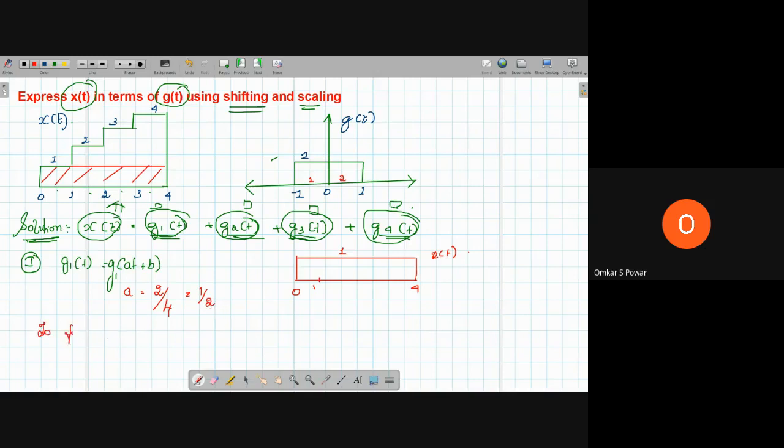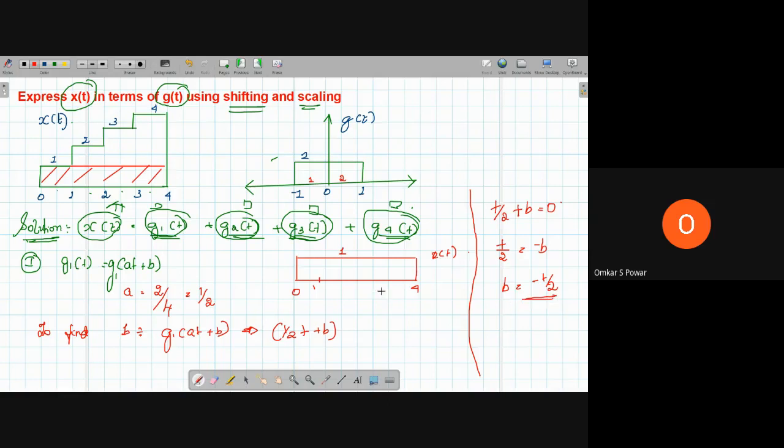Now to find b, we have g1 of a t plus b, which is g1 of half t plus b. Setting t by 2 plus b equal to 0, we get b equal to minus t by 2.